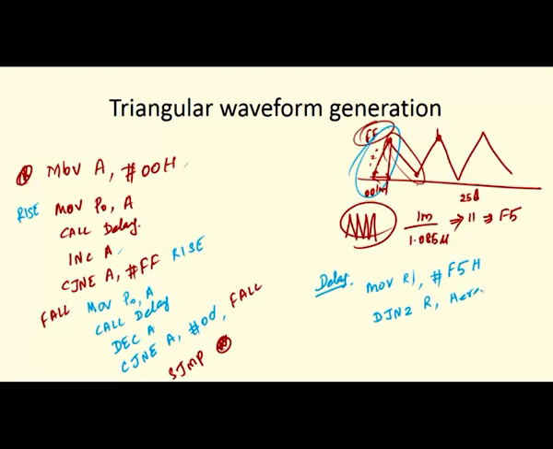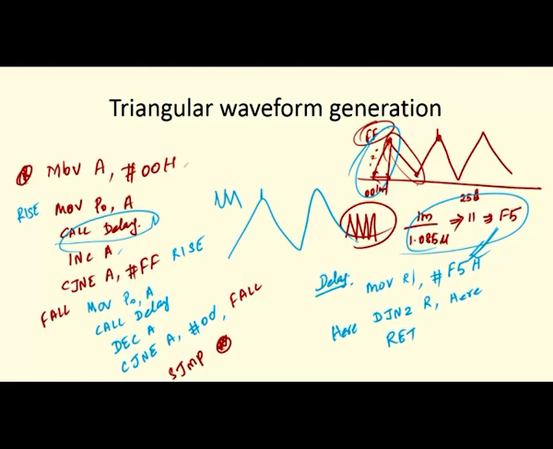Here, the same line itself, so you can repeat the process. Then you give the return instruction to return back to the main program. Okay. So, you calculate your own required delay value and load it into this. So, based on the delay only, how you are getting the triangle waveform depends on this. Okay. So, this is how much delay you need and how it is to be initialized in the program.